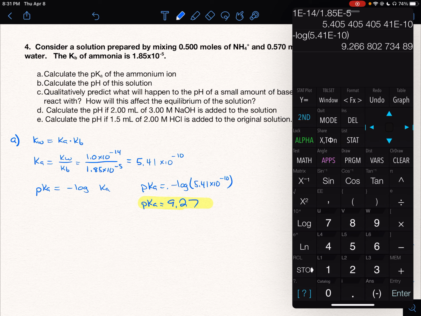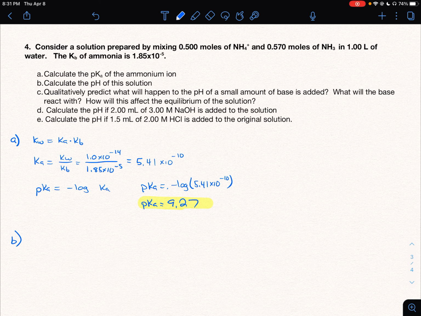In part B, we're asked to find our pH of this solution. And the key for part B, when we're asked to find the pH, is to recognize that we have a weak acid and its conjugate base both present. So this is a buffer solution.